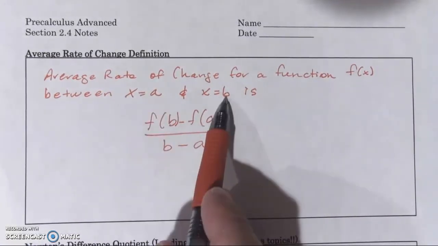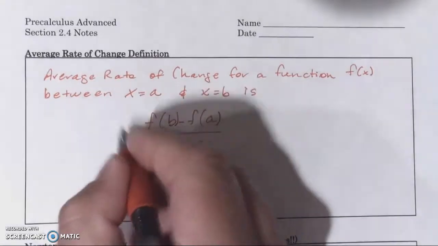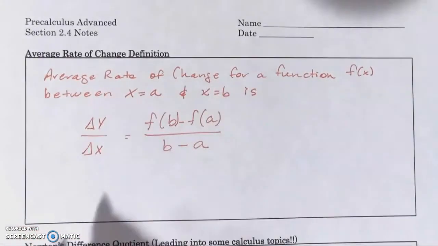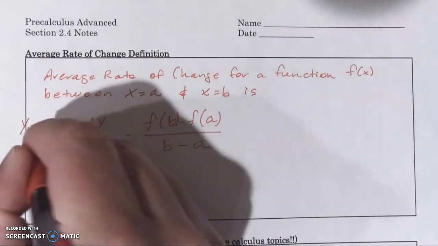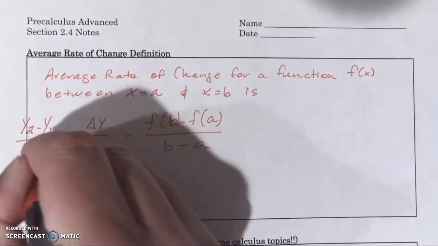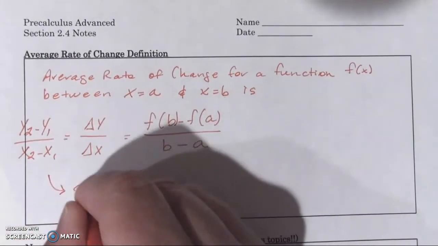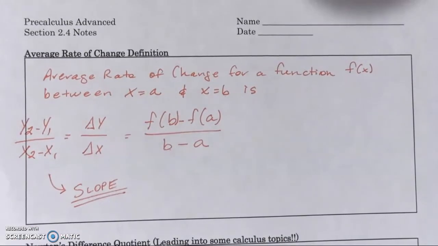And then we have x equals a and b down here, so these kind of represent your x's. This really should remind you of the change in y over the change in x, which really should remind you of y2 minus y1 over x2 minus x1, which really should remind you of the word slope.